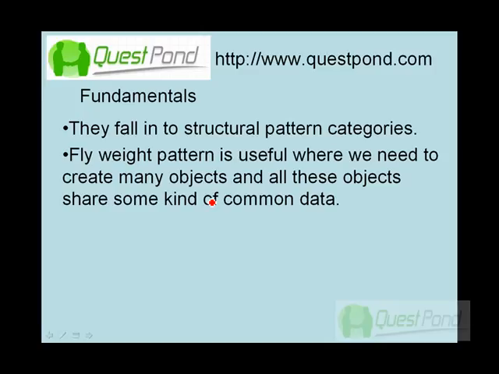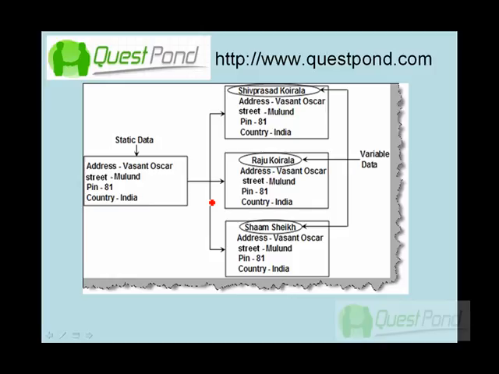Okay, I will give you an example of it. You can see in the video an example of simple visitor card printing, a company visitor card. In a visitor card, normally you have the address part of the organization, which is basically constant, or we can say it is always the same.